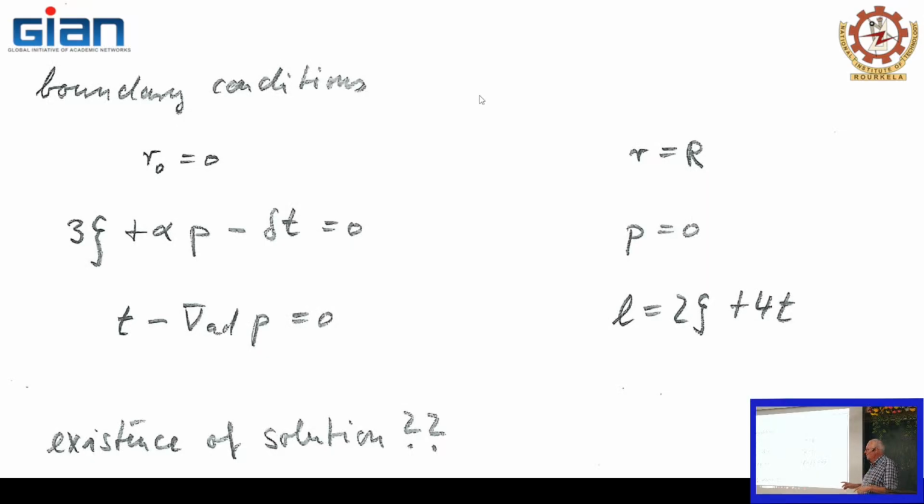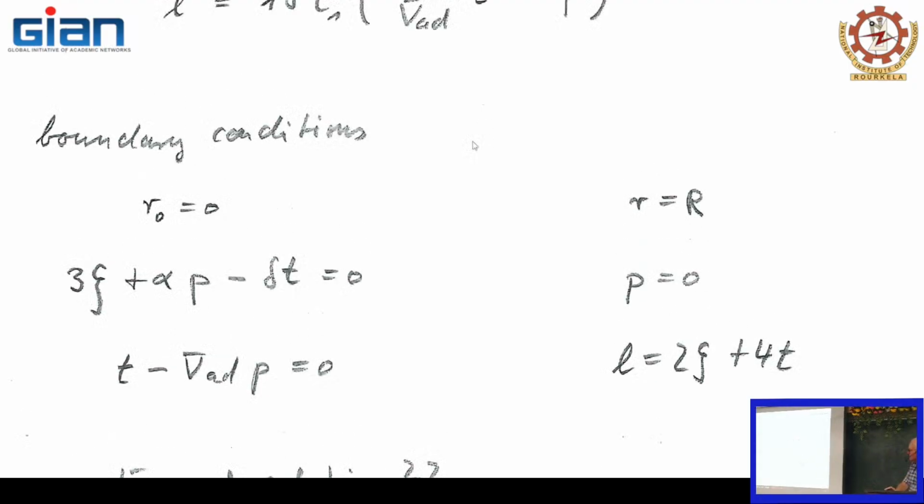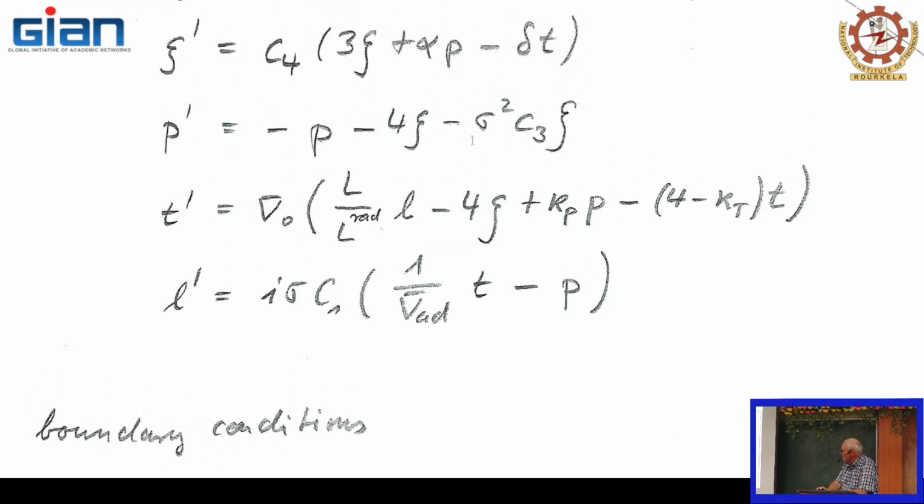But once we start with 2 boundary conditions at one place, and take 2 other arbitrary boundary conditions, in general we will not hit the boundary conditions prescribed at the second boundary. This is not possible. So we have to look whether we can construct a solution at all, and then how to calculate the solution, and what to do with the remaining parameter which is contained in our equation.